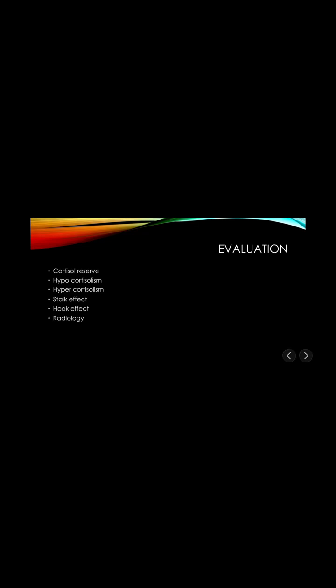And when that happens, you have to check the cortisol, that how much after the hypoglycemia, how much cortisol has risen. In normal patient, the cortisol increment will be more than 6 microgram per deciliter up to a peak of more than 20.